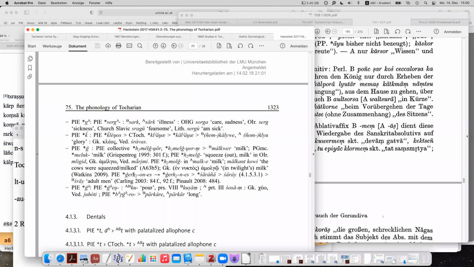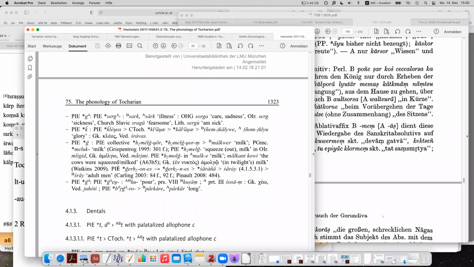Like this one. So the word for adult man is called shlai. It goes back actually to the root meaning to get old. So the word is actually gierch. And we also have the same root in Greek.